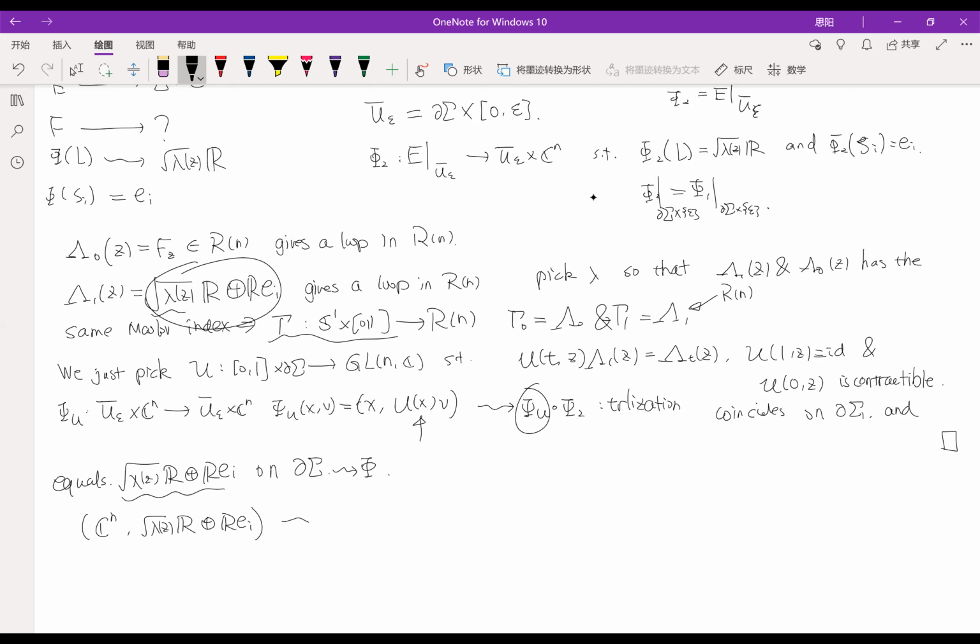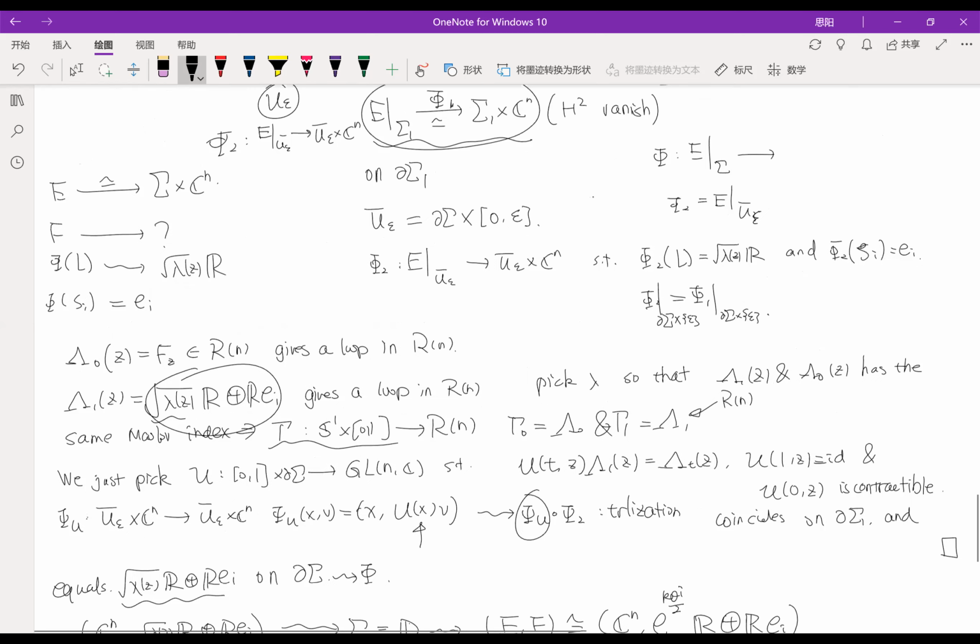Then we just apply sigma equals D, and we know that any bundle pair (E, F) is isomorphic to a bundle pair C^n with the square root of lambda_j direct sum with R e_i. And when we are considering the bundle pair on a disk, we can just replace it by e^{ik theta}, the rotations.